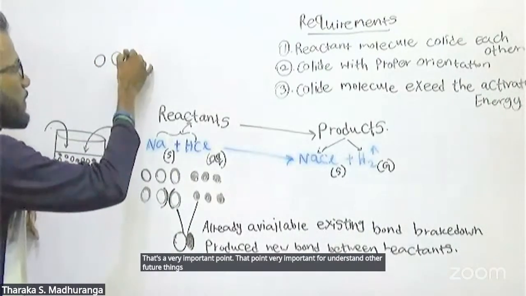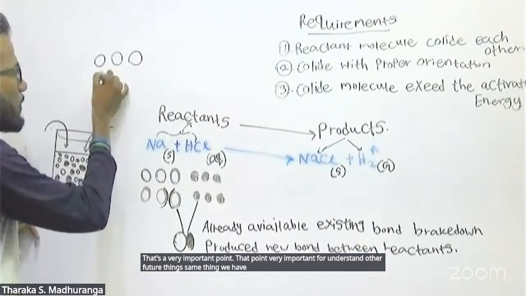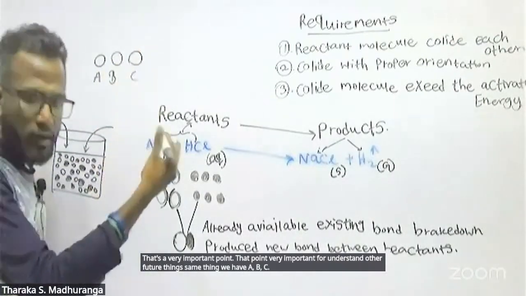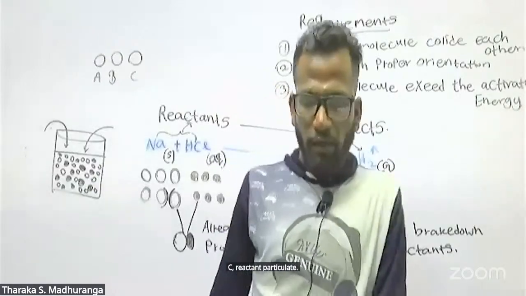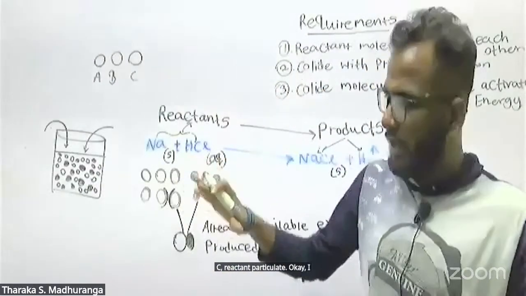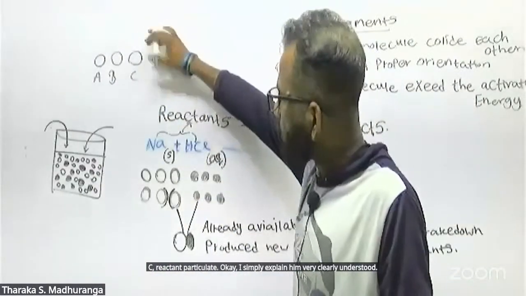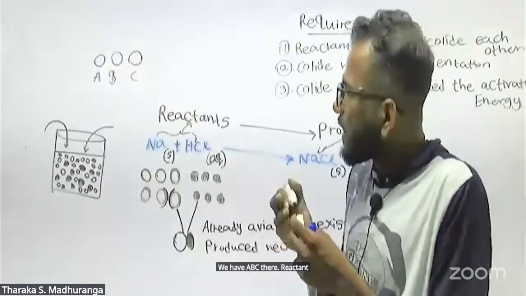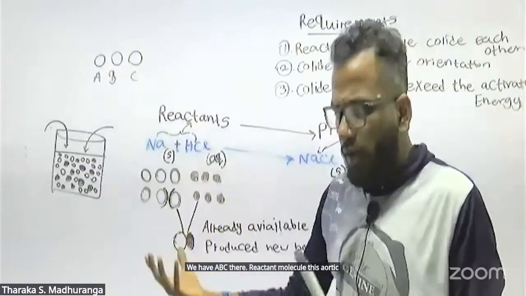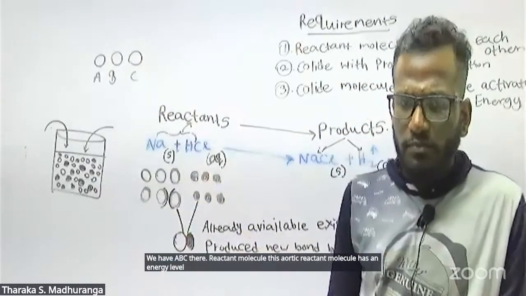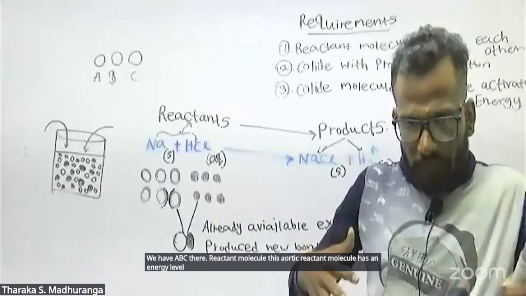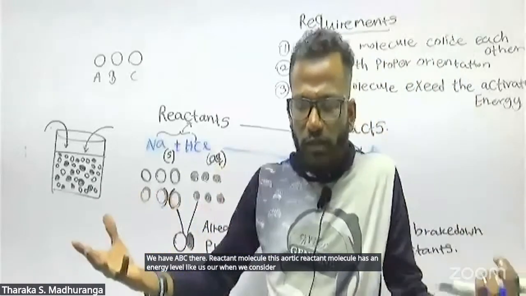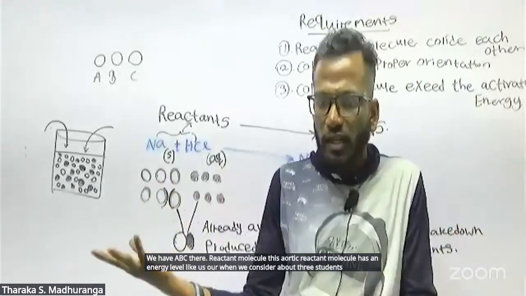That point is very important for understanding our future topics. Now think we have A, B, C reactant molecules. I am explaining simply so it is very clear. Every reactant molecule has an energy level. Like us, when we consider three students, they have different energy levels.